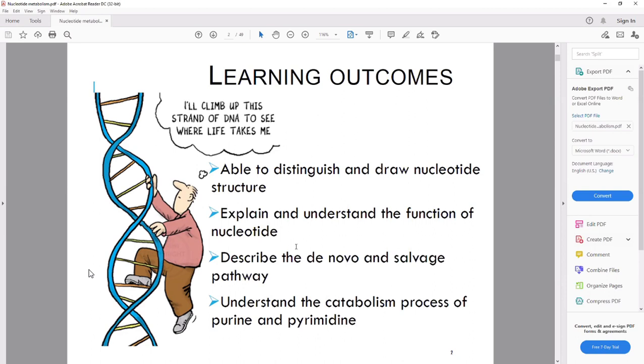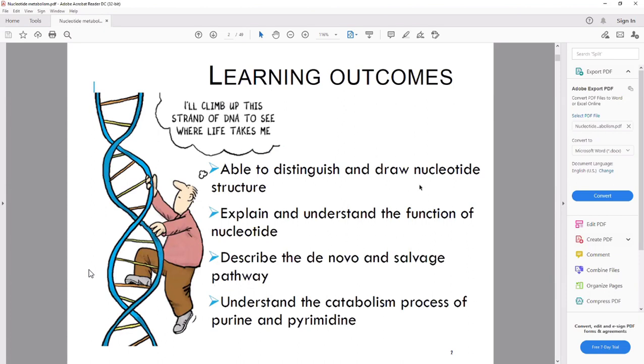You don't have to remember them, but the key is you have to understand. Whatever reaction is involved, which enzyme, where, the replacement here and there, the contribution of the amino group. Once you understand that, it is easier for you to remember. That's the most important thing.